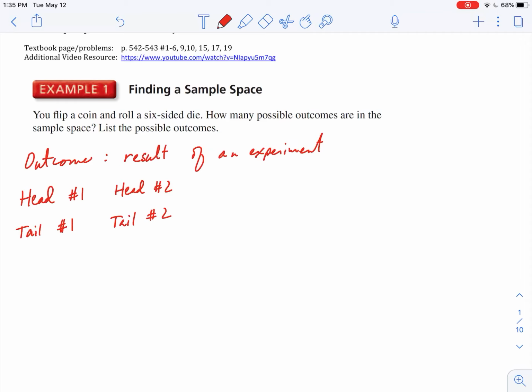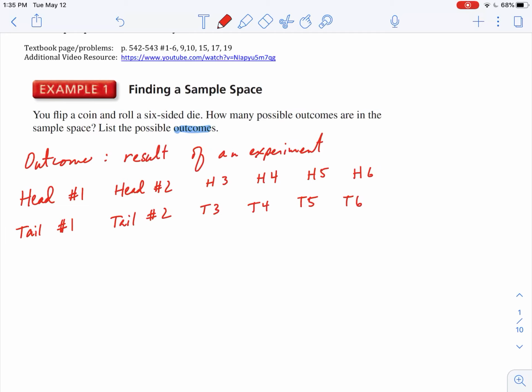The fastest way to do this is to pick up a shorthand to list all of these possible outcomes. So how could we list these a little bit faster? We could get a head, or a tail, with a 3. A head and a 4, a tail and a 4, a head with a 5, a tail with a 5, a head with a 6, or a tail with a 6.